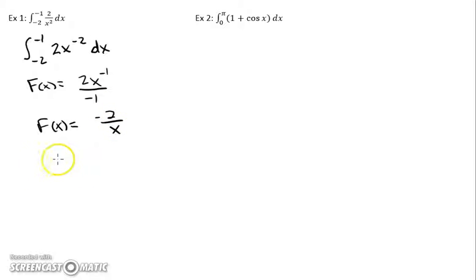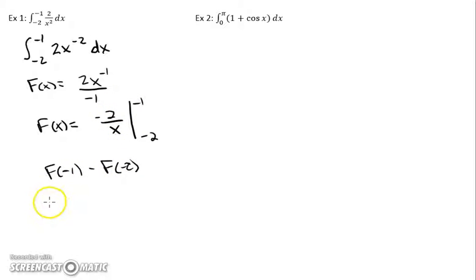The reason I'd like to write it this way is because we want to evaluate that from -2 to -1. So this little bar just means evaluate from -2 to -1, which means take F of b minus F of a, like our fundamental theorem says, and then we just subtract.